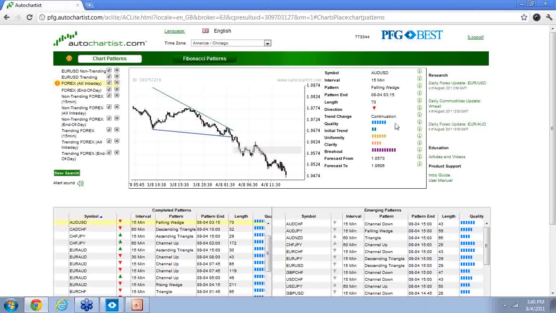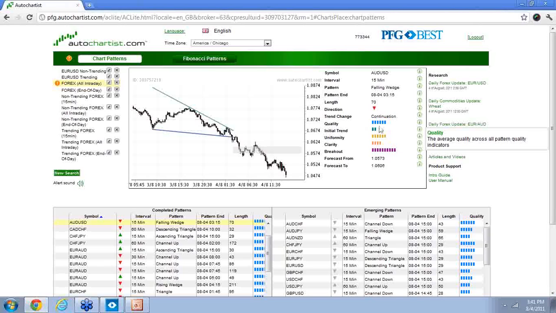Okay, now also we have here our quality indicators. If you get a problem and want to know what things mean, you can always click on the I button, and you can see that it'll tell you that quality indicator is the average quality across all pattern quality indicators. So therefore, we take in consideration the rating of the initial trend, the uniformity, the clarity, and the breakout.